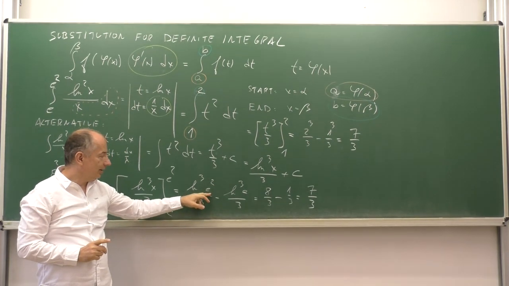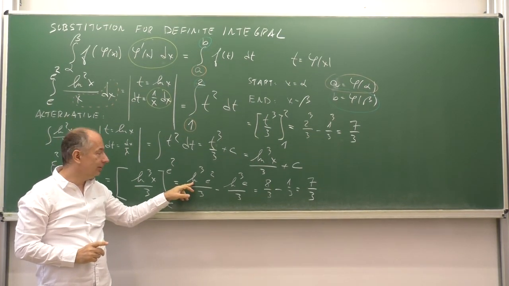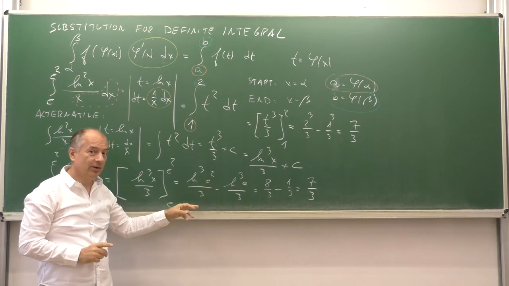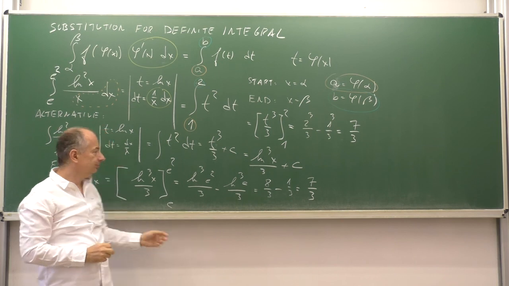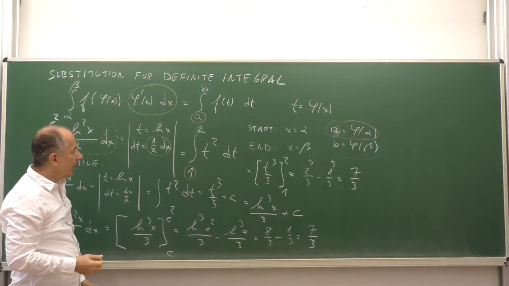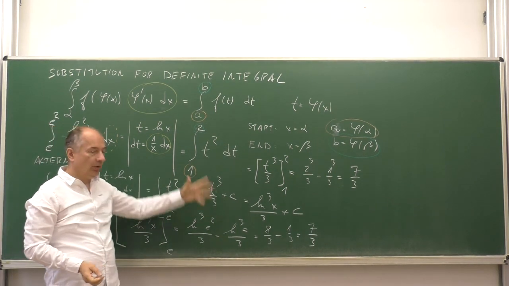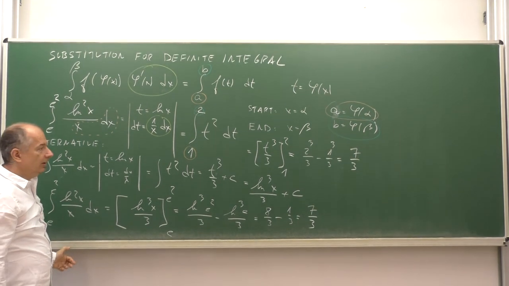E squared evaluated for logarithm, right? Or logarithm evaluated at e squared. So we did the same computation. It's not a big help. I prefer the first way, but both are possible and you can choose your own, you can choose your favorite way.